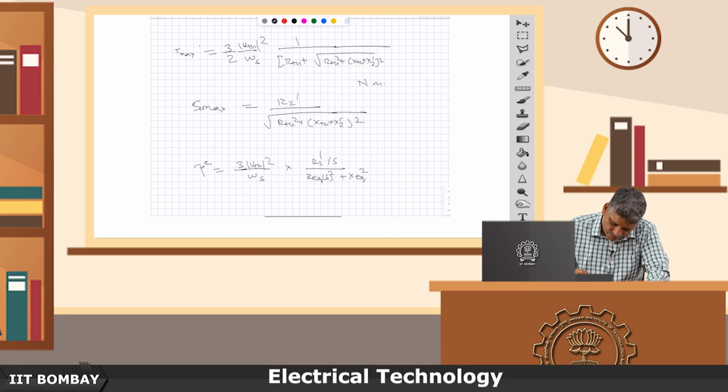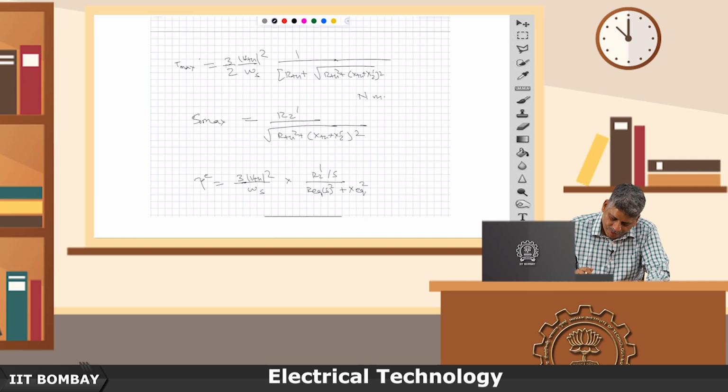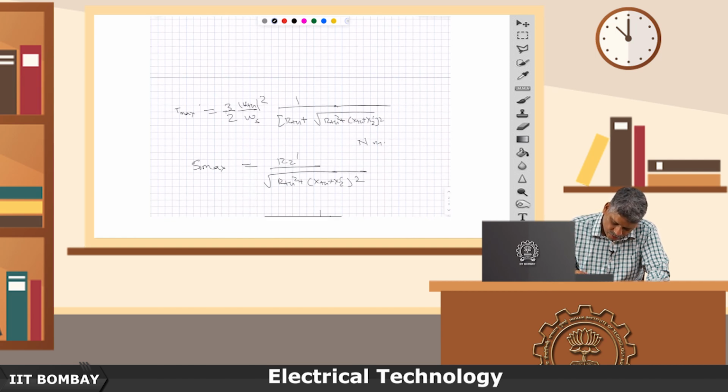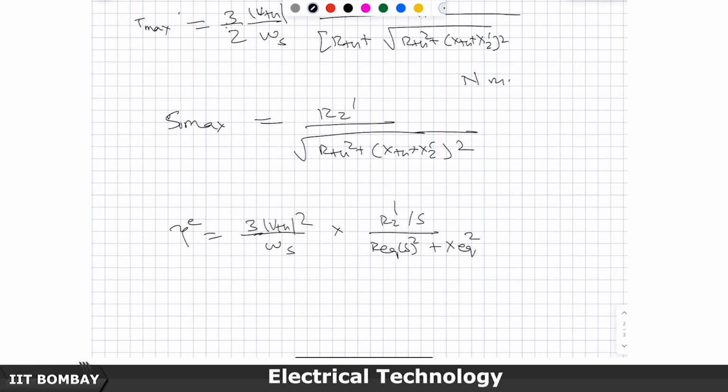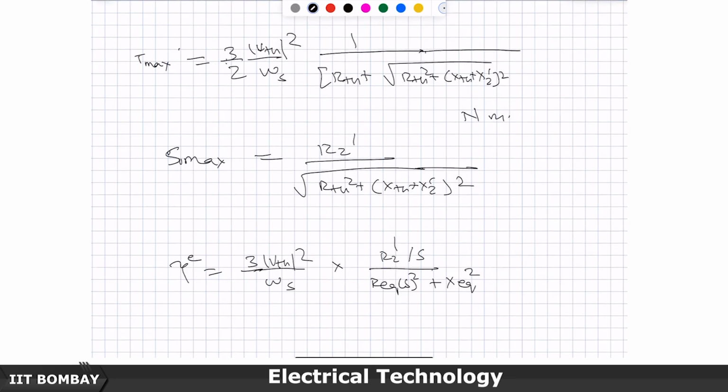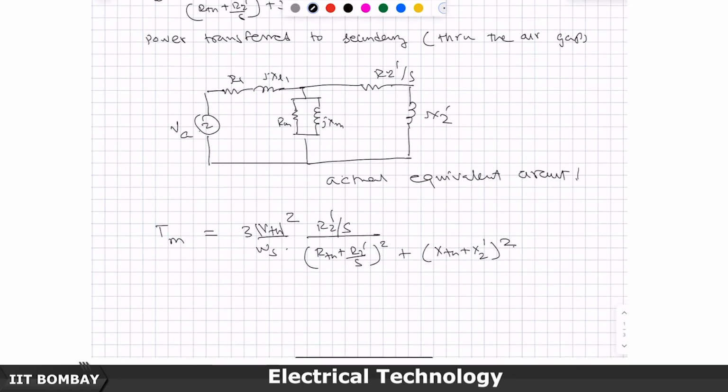Let me just check if I have the 3, yes, there is a factor of 3, that is for 3 phase. And V Thevenin square by omega s, R2 dash by S, R equivalent is this term, and X equivalent is this term.